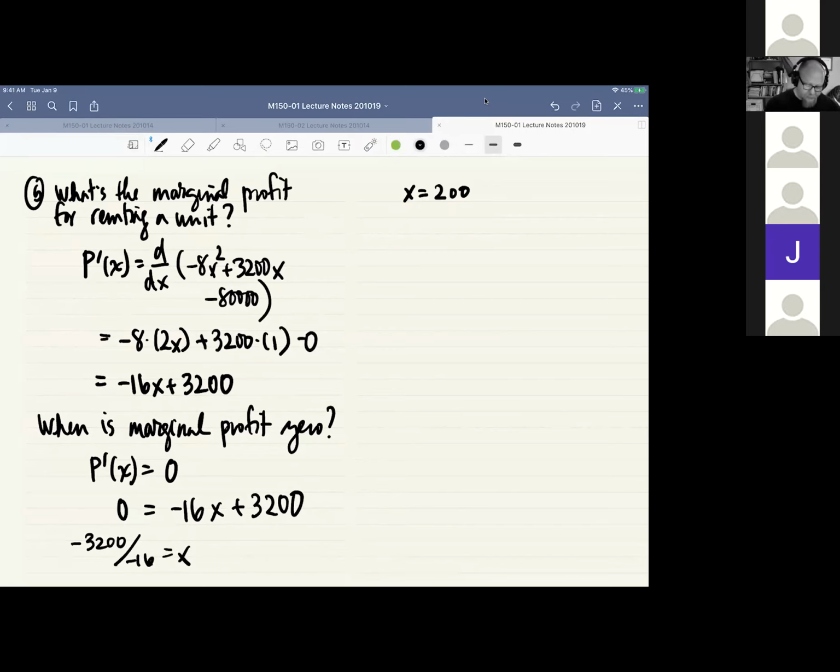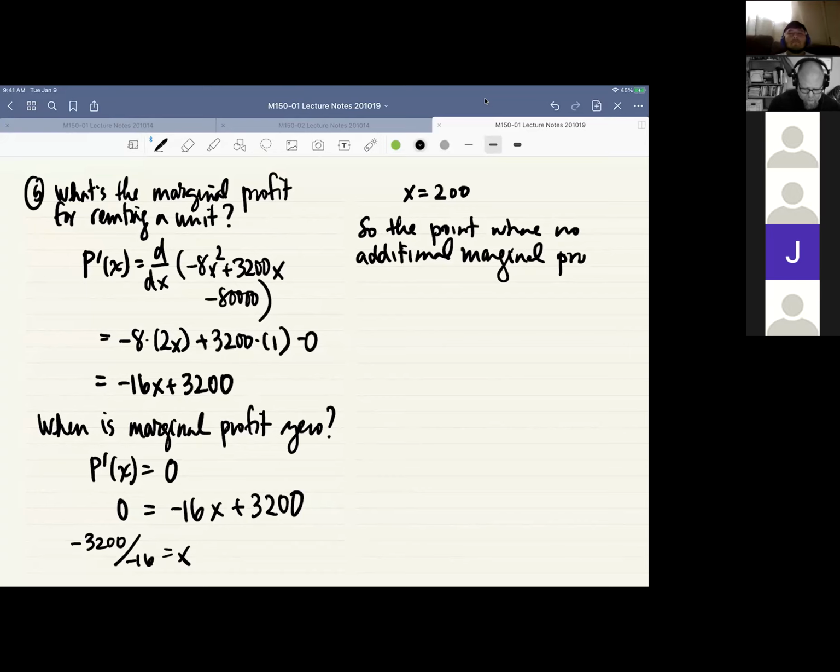And so economists would say that's where you're maximizing your profit. So the point where we have no additional marginal profit is when we rent 200 units.